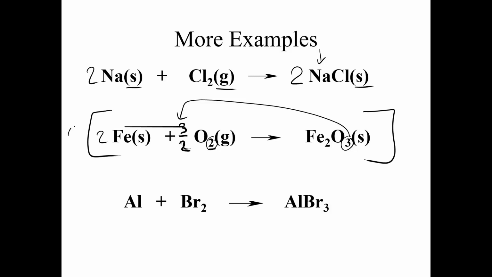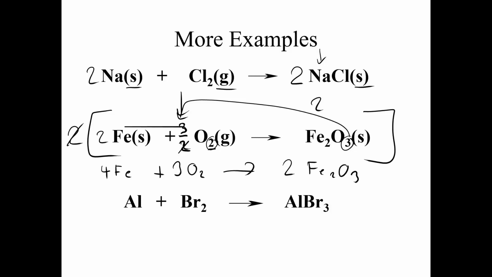What I want to do is multiply the entire reaction by 2. So 2 times 2 is 4, so I have 4 iron. I'm going to leave the phase label out. Then that 2 goes away, and I have 3 O2s. That 2 only goes away for this multiplication. I still have to apply it here. So I have 2 times Fe2O3, and that is balanced.